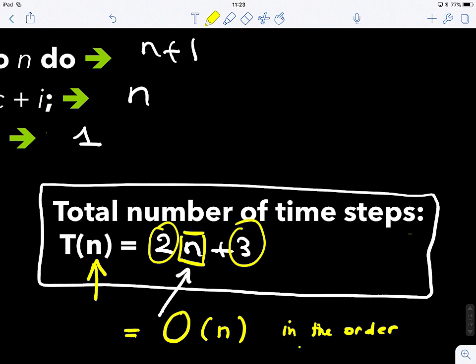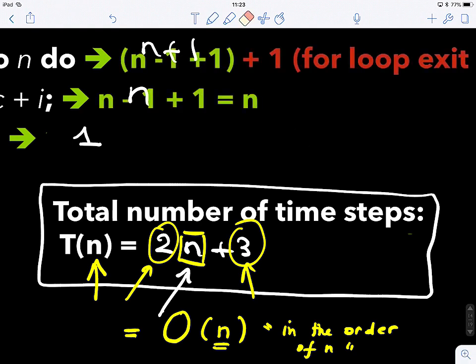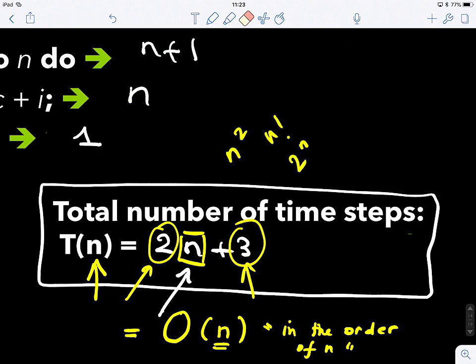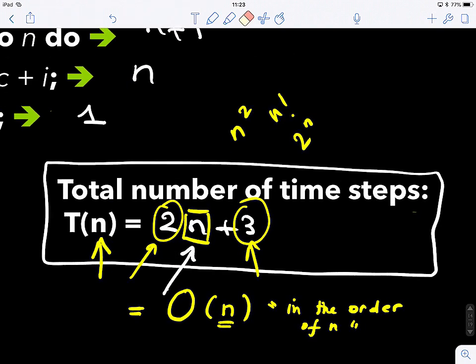In the order of n, which means that these constants generally do not really matter. All that matters is when n becomes so big and you plot it, this will take over. What you have here in function of n is important. You might sometimes have n squared, n factorial, 2 to the power of n. So you'll have different things, but the most important thing is your n variable.